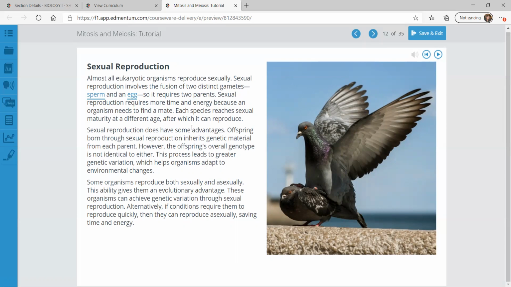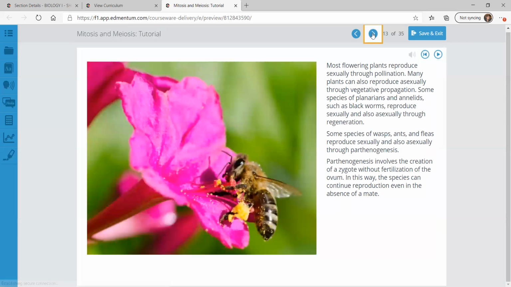This ability gives them an evolutionary advantage. These organisms can achieve genetic variation through sexual reproduction. Alternatively, if conditions require them to reproduce quickly, then they can switch over and reproduce asexually, saving time and energy. So that seems like a very adaptable thing to be able to do.